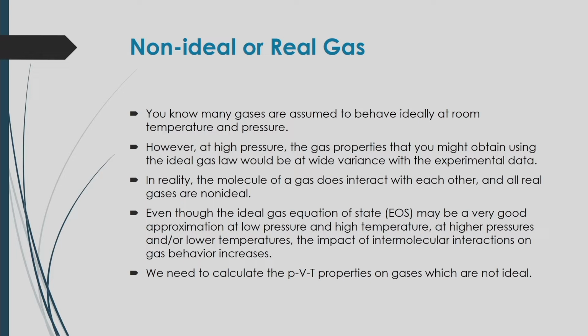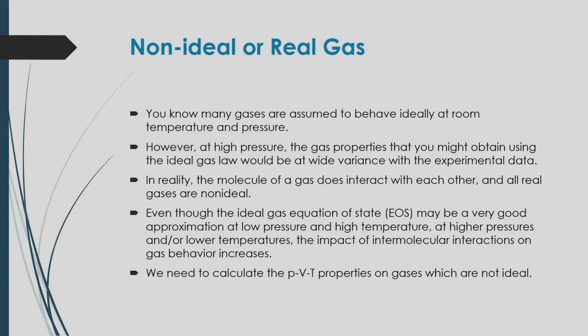Here the behavior will change in wide variance from the experimental data, because the molecules of real gases, or non-ideal gases, do interact with each other, and all real gases will be considered non-ideal.